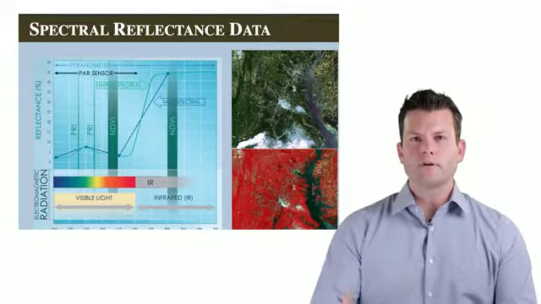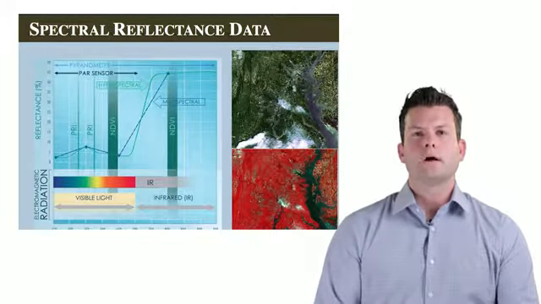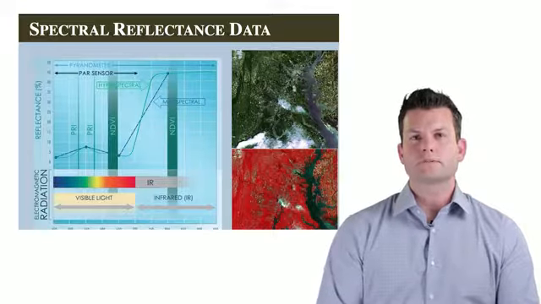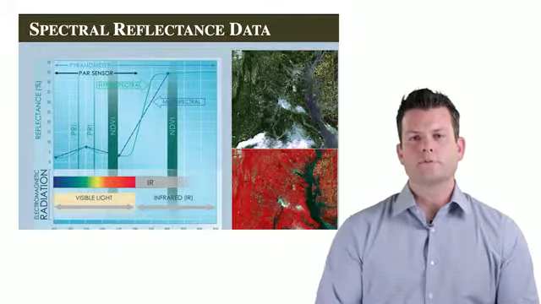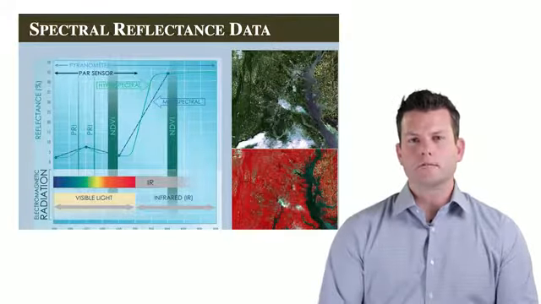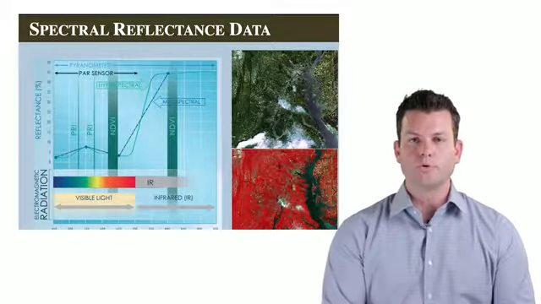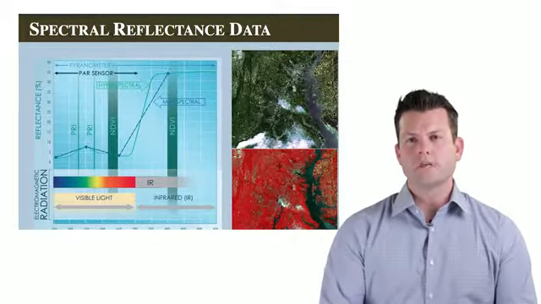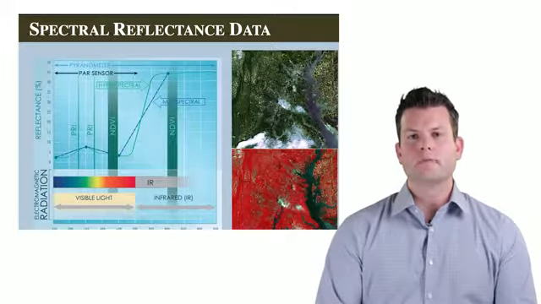And it just so happens plants reflect near-infrared really, really strongly, and the NDVI takes advantage of this. So you can see in the two images on the right-hand side of the screen, they're both of the same area. The top image is displayed in true color, meaning it's three bands, blue, green, and red, whereas the image below of the same area is what we call a false color infrared image.